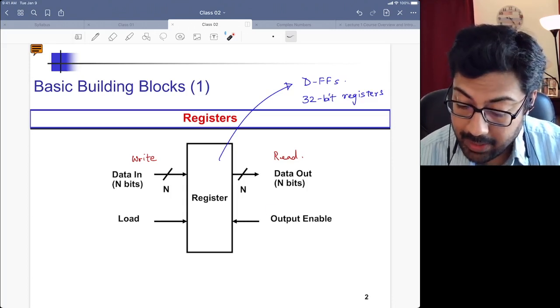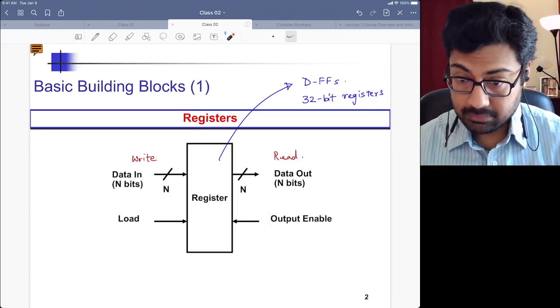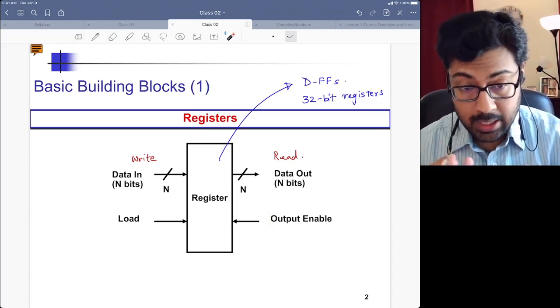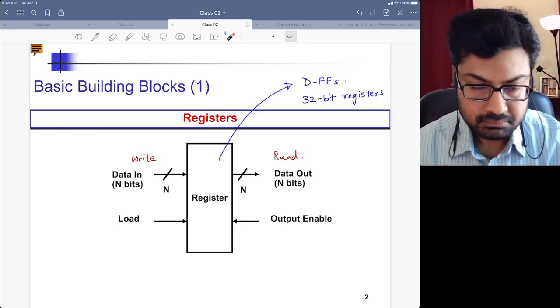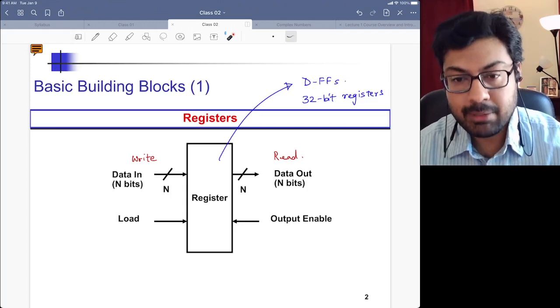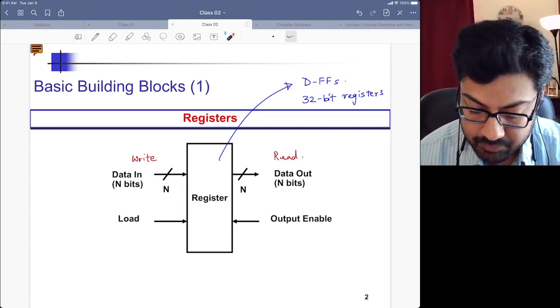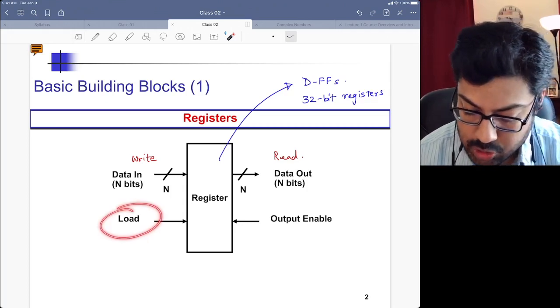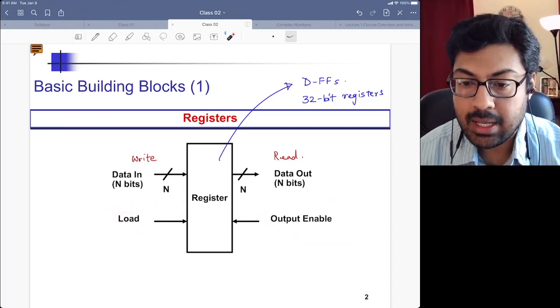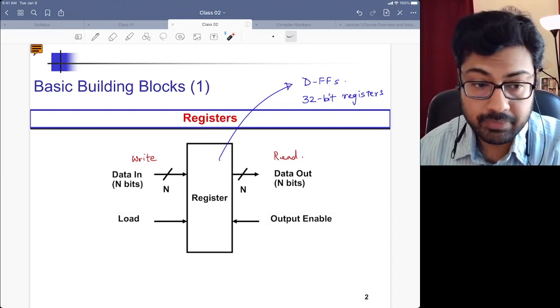All right. So again, another usage of output enable is what? You can use this to connect multiple registers onto one bus, n-bit bus in this case, right? So you can use output enable for that. So these controls, load and output enable, actually come from the control unit in your computer.